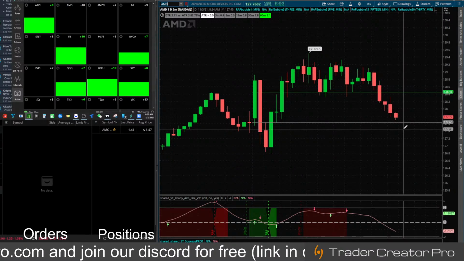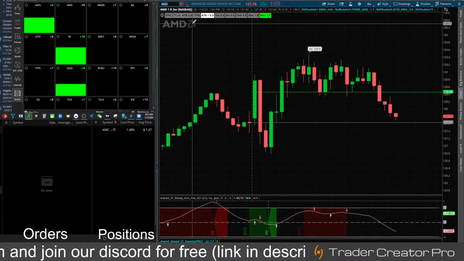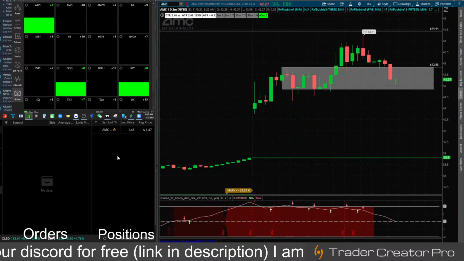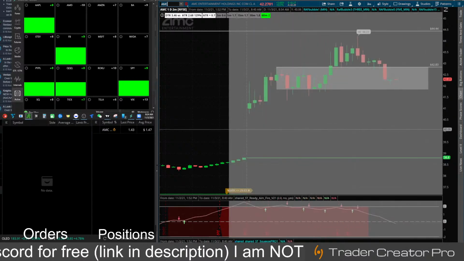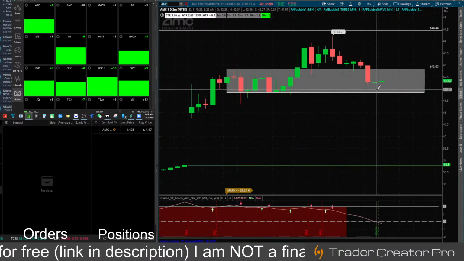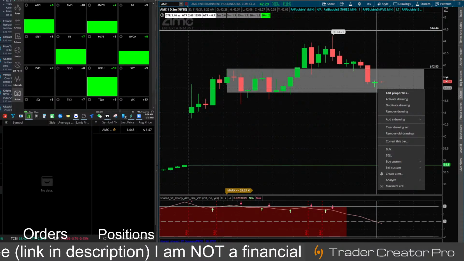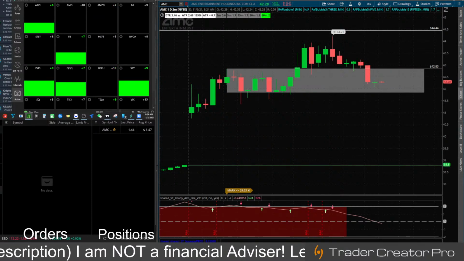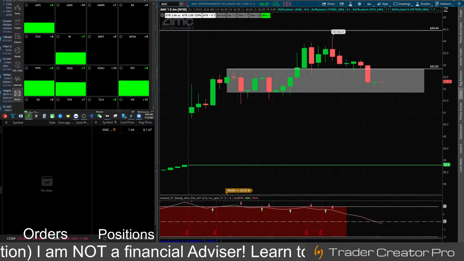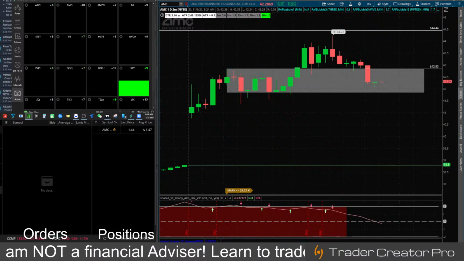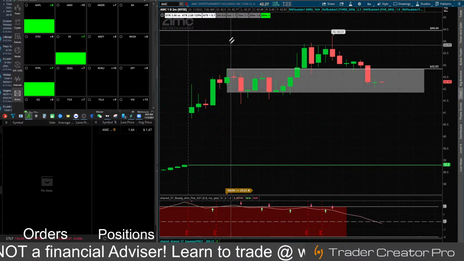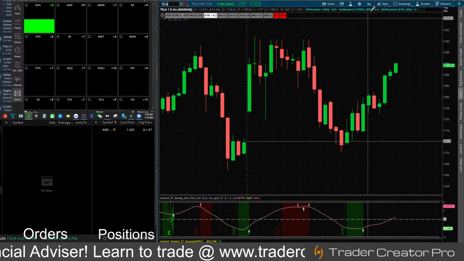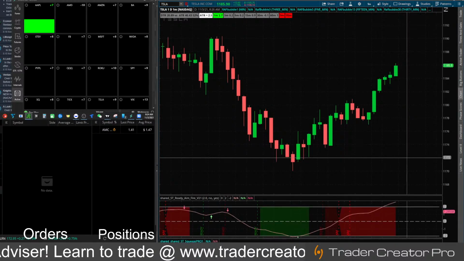AMD could break all the way back down. AMC really struggling here. Oh, Tesla bounced off of the gap to close level. Really strong.